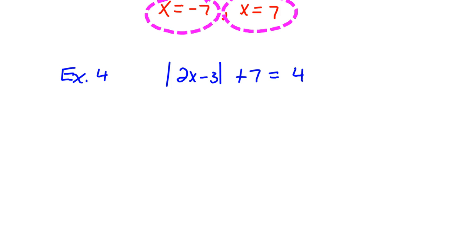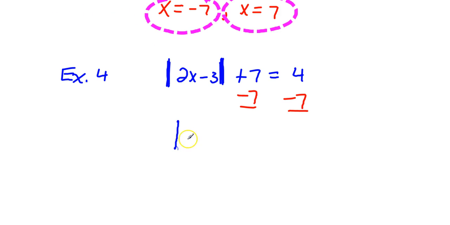Okay, so say you've got the absolute value of 2x minus 3 plus 7 equals negative 4. Same setup here. You've got to get the absolute value by itself, so we're going to get rid of that 7.